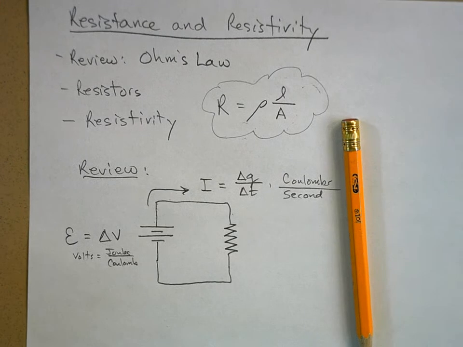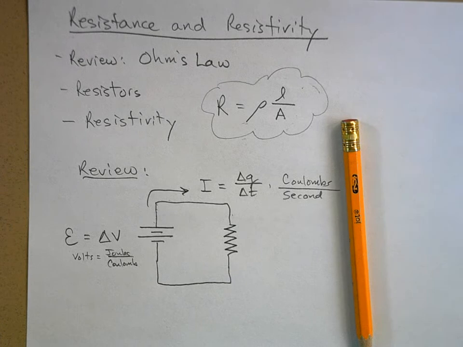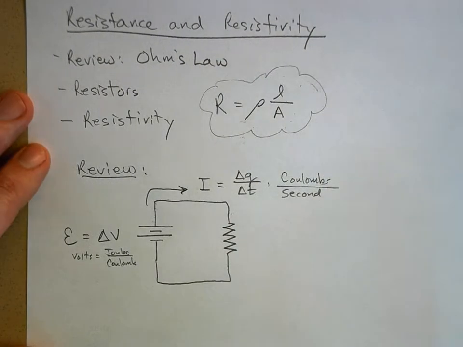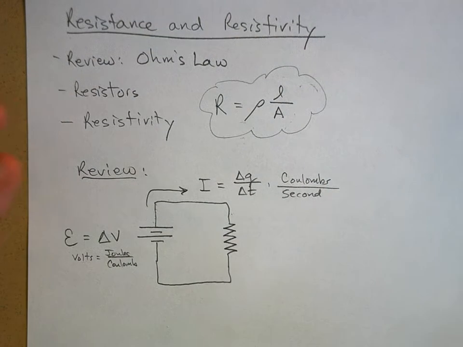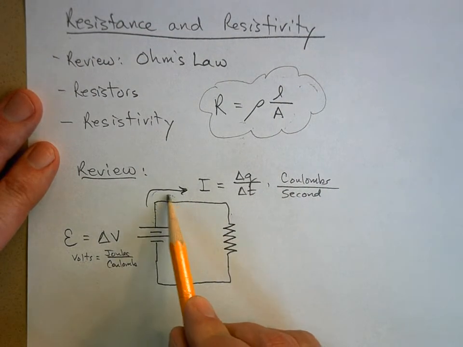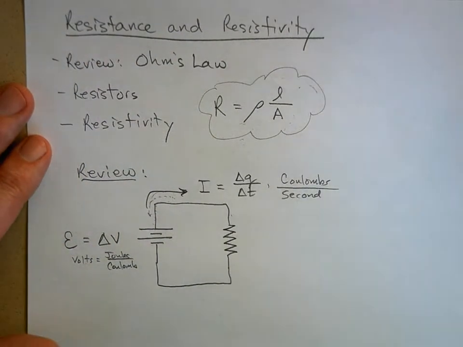But in a wire, remember, wires are electrically neutral. They've got just as much positive as negative charge in them. It's just that those outside electrons are free to flow. Now, those free-to-flow electrons aren't moving this way. The electrons are actually moving this way. But we define current to be the flow of positive charge.